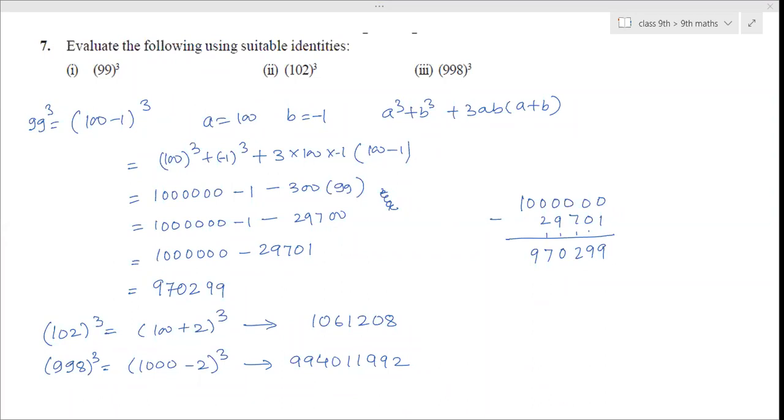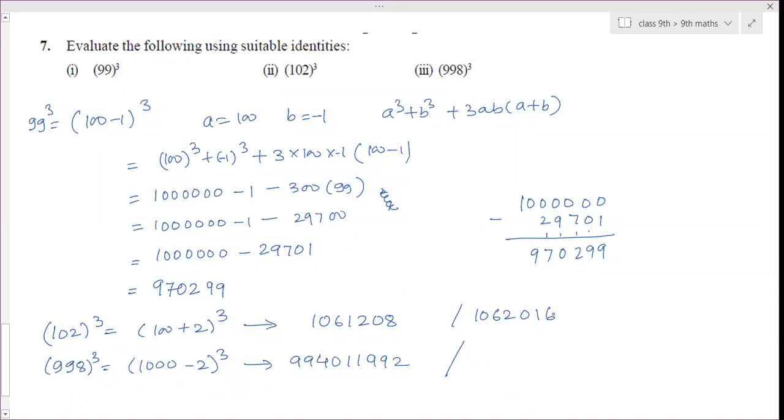Excuse me, ma'am. And for the second one, I got something else. That's what I'm checking. Did others get the same answer or not? Ma'am, I got 1062016. What did you get? 10620016.